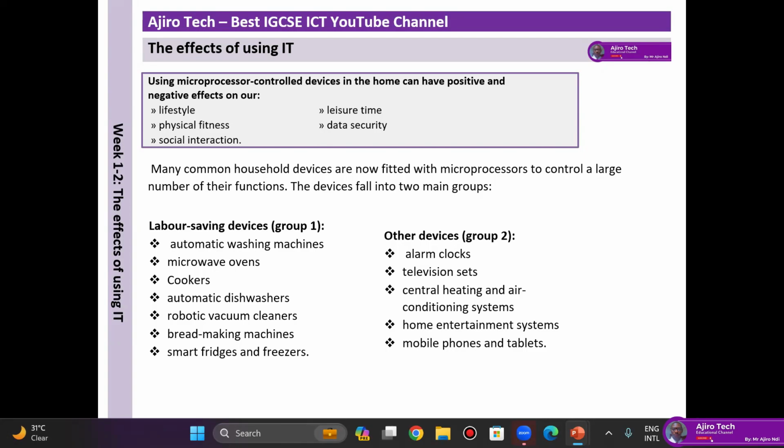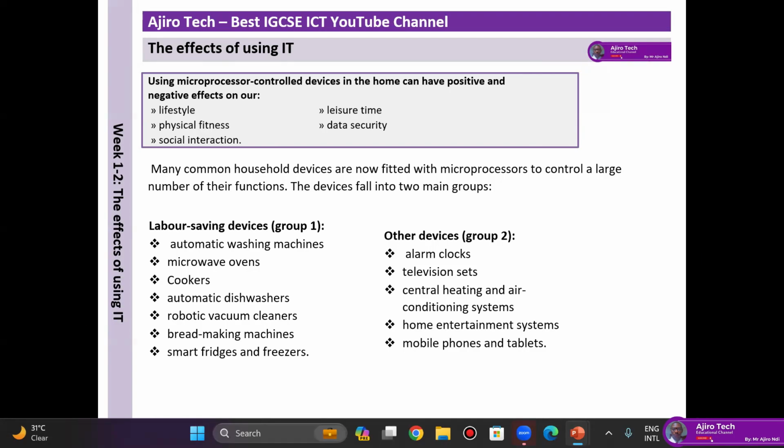So let's talk about these two major groups right here on the screen. These two major groups are very pivotal towards how the microprocessor-controlled devices work. Let's start with group 1.